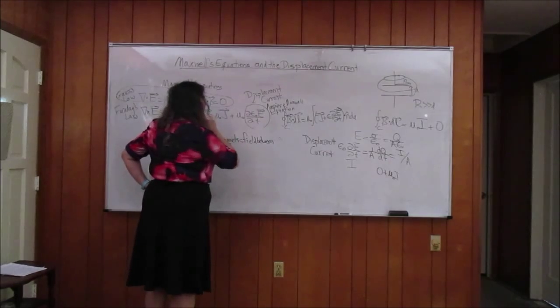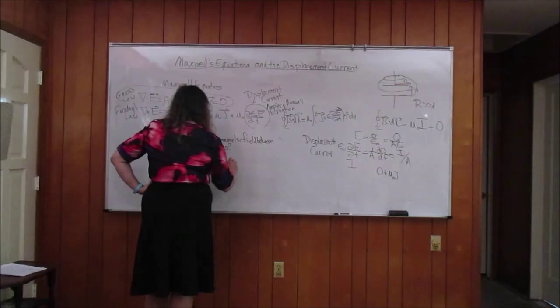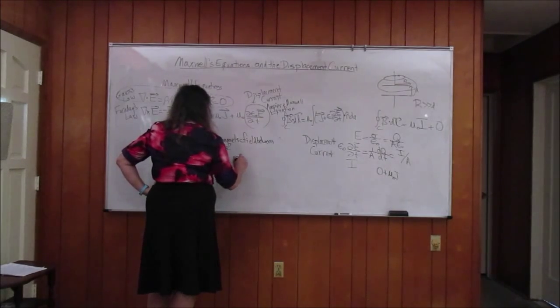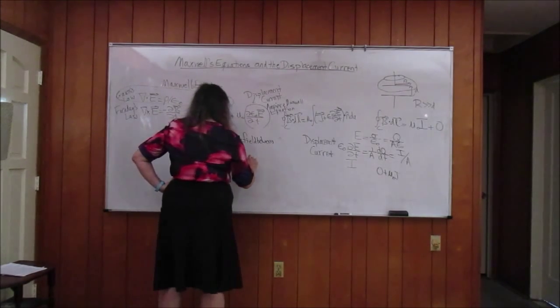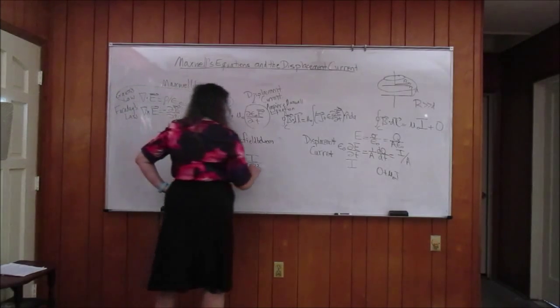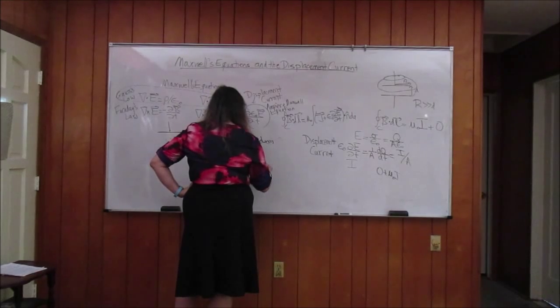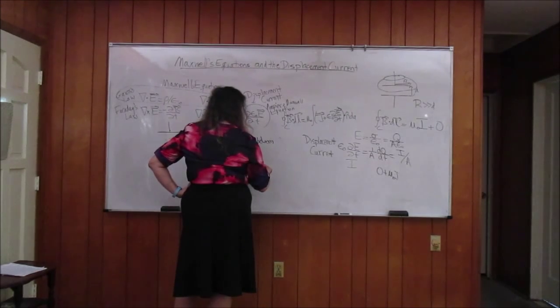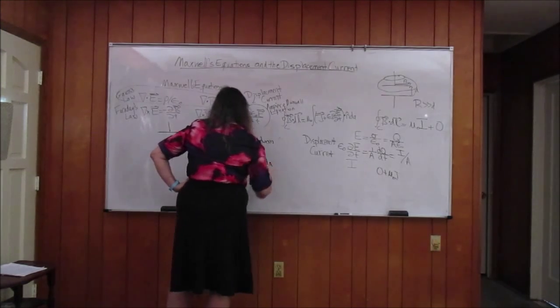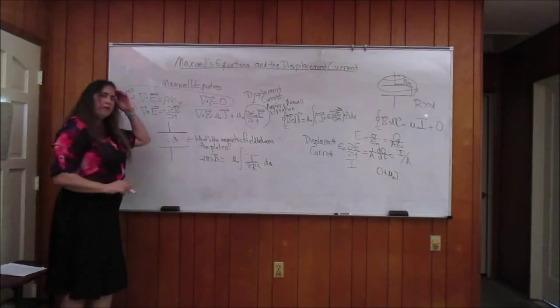At some arbitrary point, we've got mu naught times I over pi r squared, that's the area of the plates, times dA, when we're integrating over the surface area of this loop.